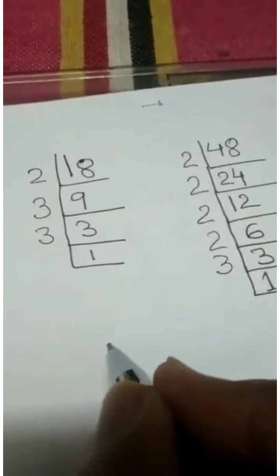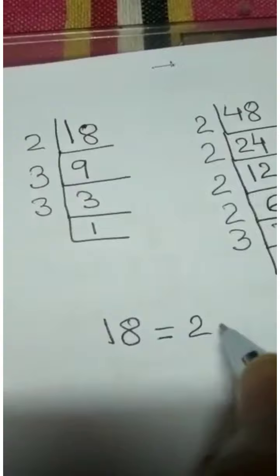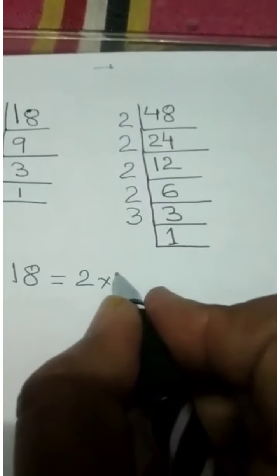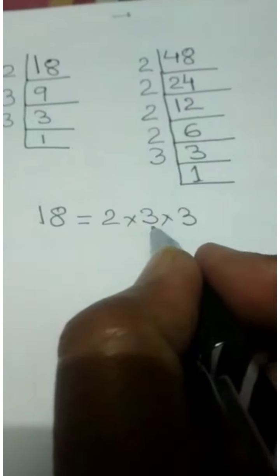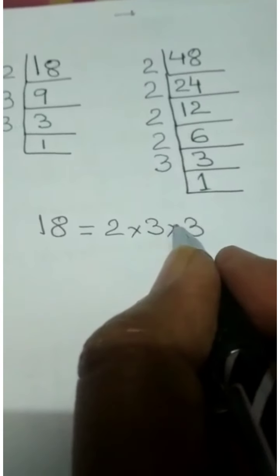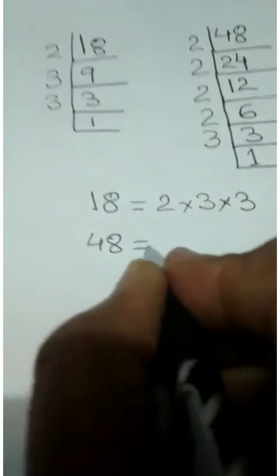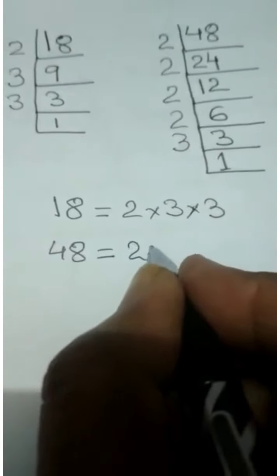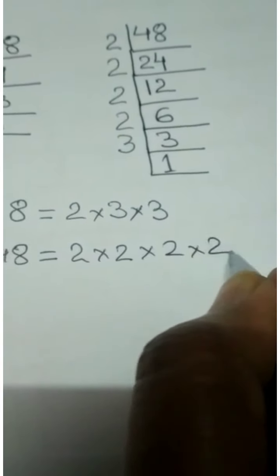Now write the prime factorization of 18: 2 into 3 into 3. 2 3s are 6, 3 6s are 18. Prime factorization of 48: 2 into 2 into 2 into 2 into 3.